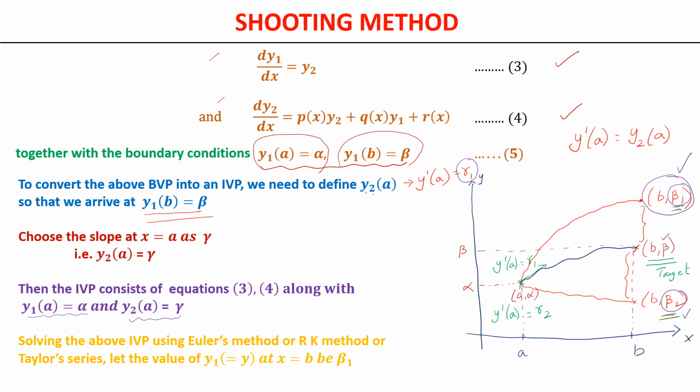We wanted to reduce the BVP into an IVP. We have done it, by the choice of y dash of A as gamma. But my goal is not to reduce it to just one IVP, for which I will choose two values, gamma 1 and gamma 2. I shall explain that in my next slide.